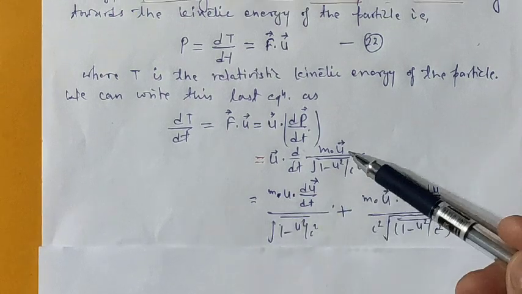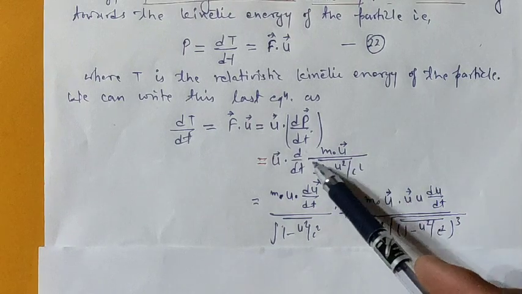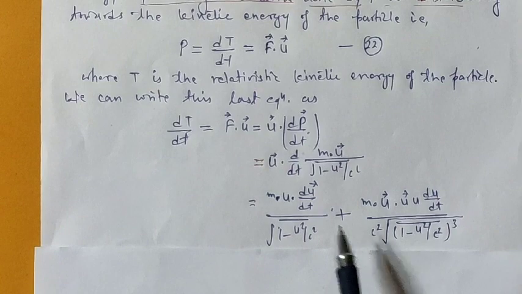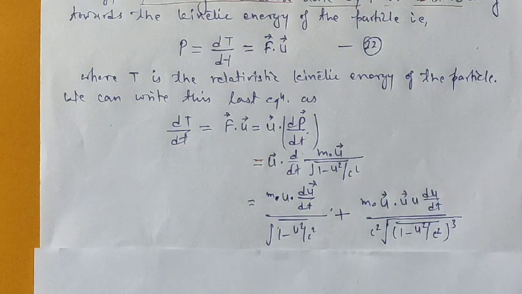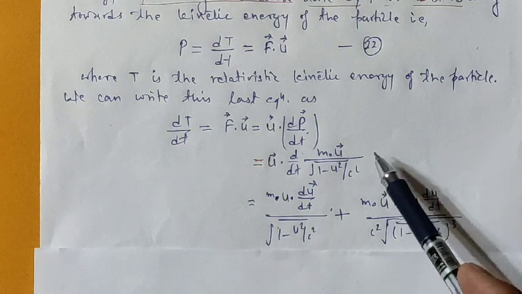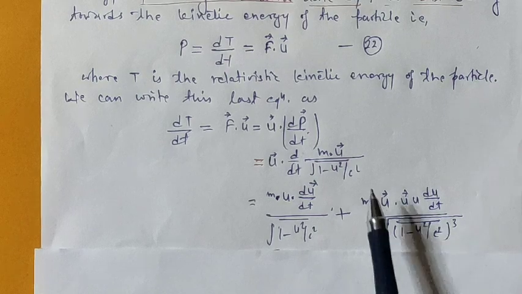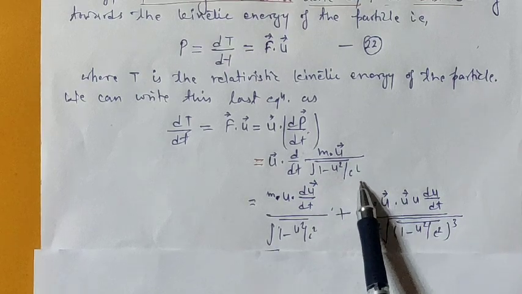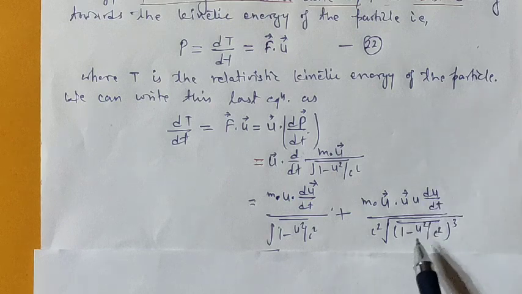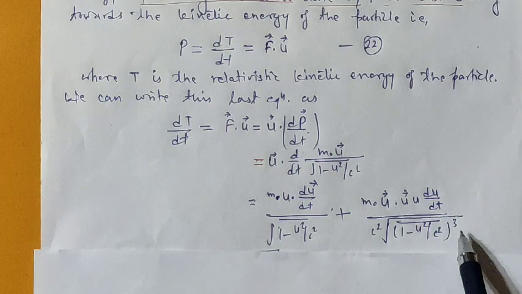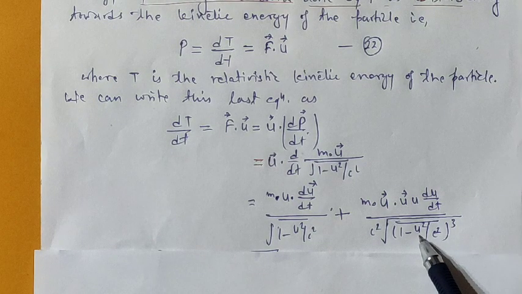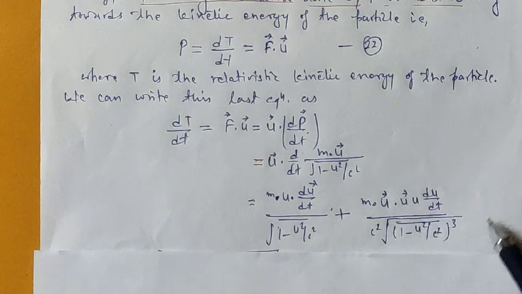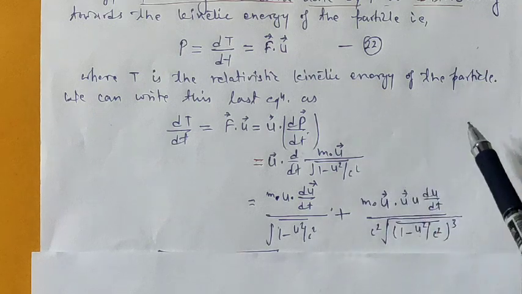First you take the derivative of u, then the second time you take the derivative of the square root term, which gives minus 1 upon 2 times the square root of 1 minus u squared over c squared cubed. The minus signs cancel out, and the factor of 2 cancels because the power is minus 1 upon 2.